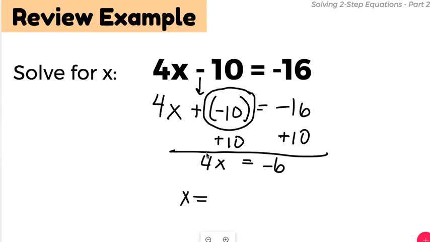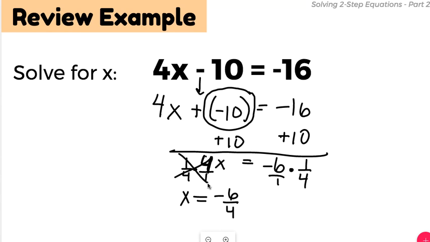Now we undo multiplication. If I can make this 4 become a 1, 1x is just x. When we're undoing multiplication, we can multiply each side of the equation by the reciprocal of that coefficient. So when I multiply across, I get negative 6 over 4.